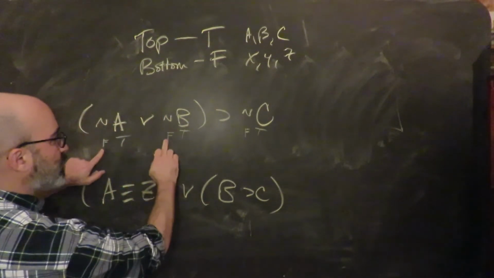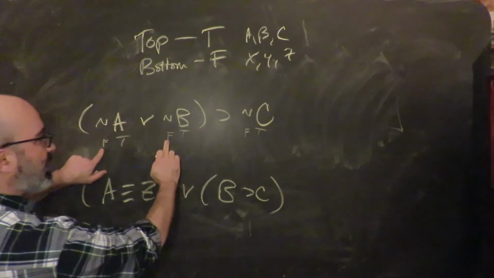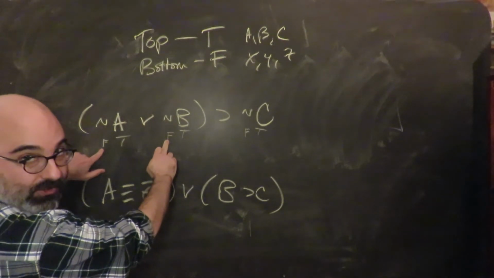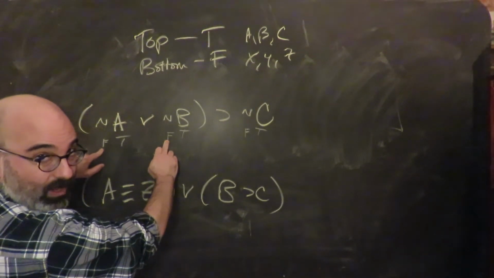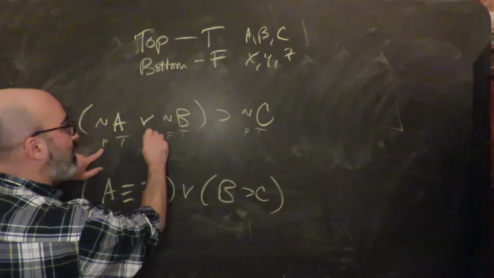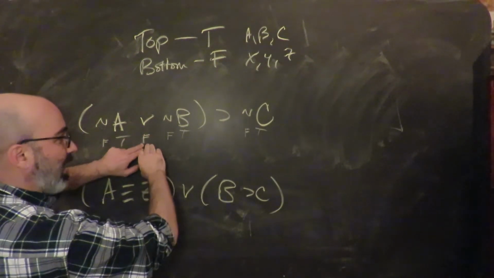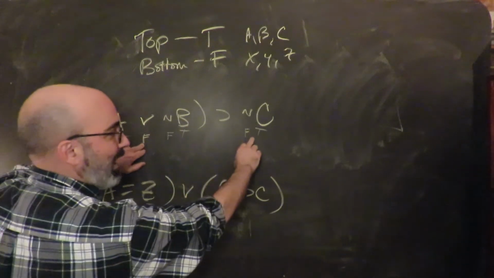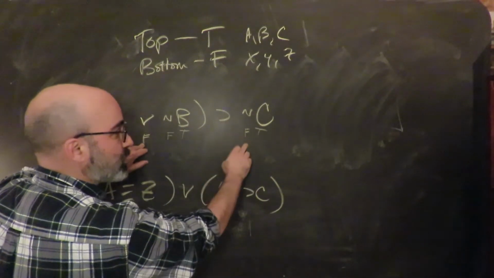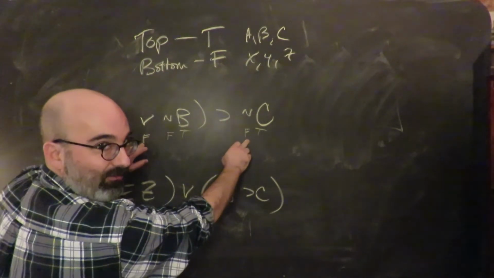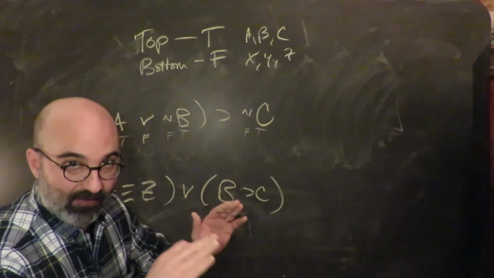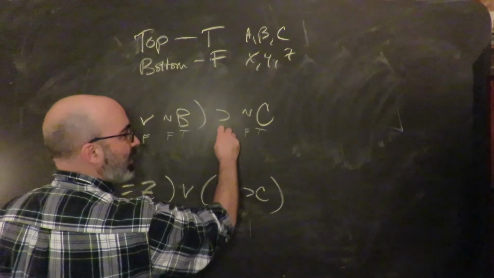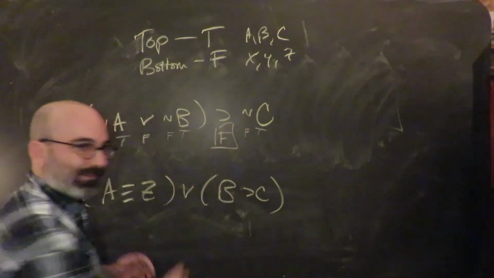Now, this disjunction is between these two negations. That's false or false. False or false, given the truth table of disjunction, gives me a false. So we have a false antecedent. We have a false consequent for this conditional. How's that come out? An FF. That's the bottom line of the material conditional. If you have an FF, that whole thing comes out as false.